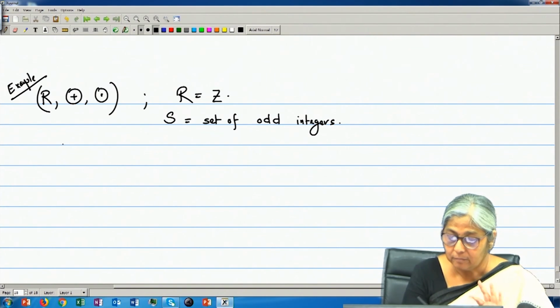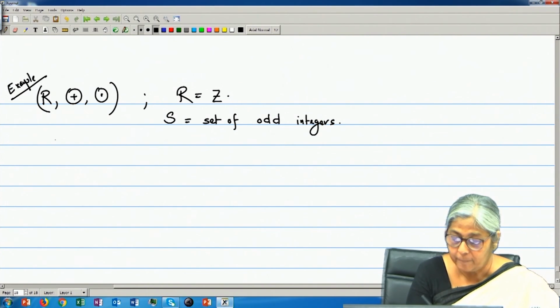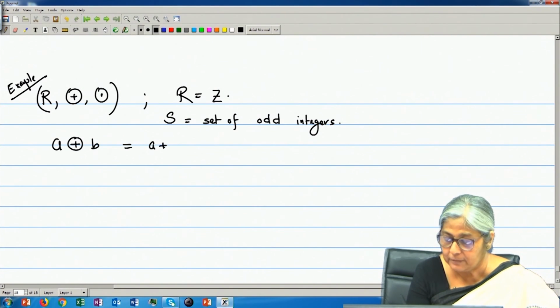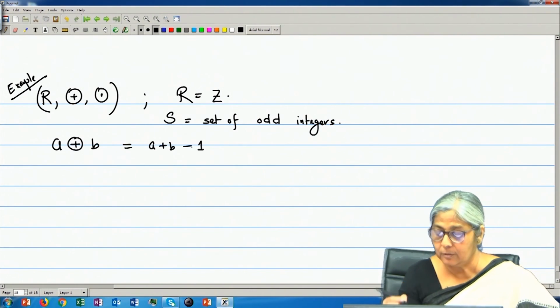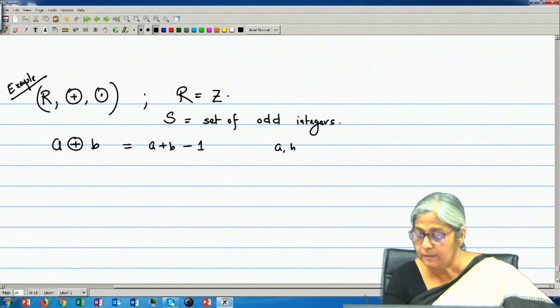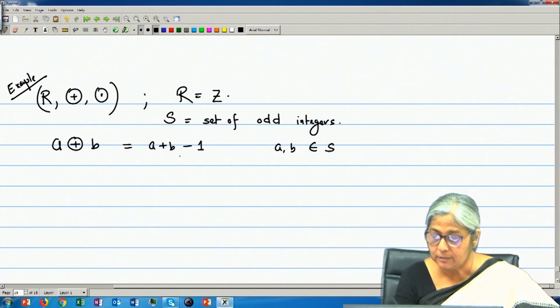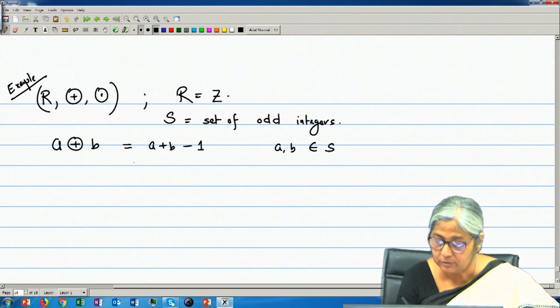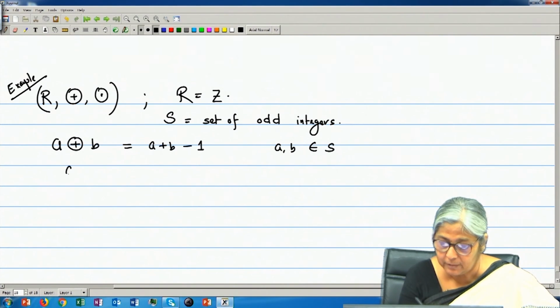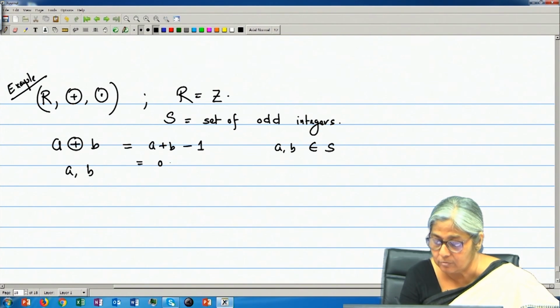Then what about the addition, that say A addition B is A plus B minus 1. So, if A and B belong to S, odd integers, then A plus B is even, so this becomes odd.